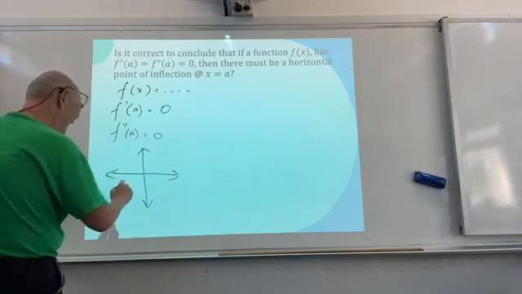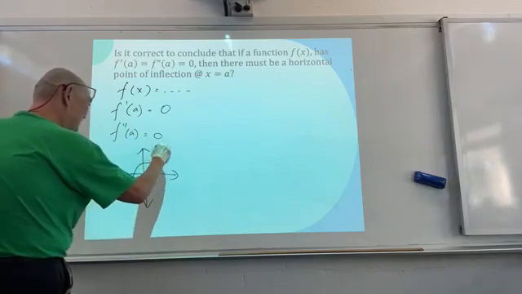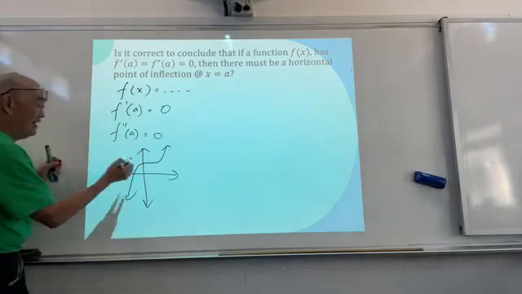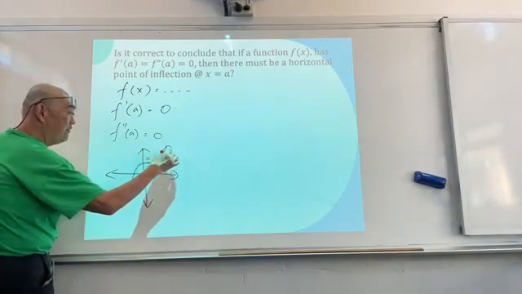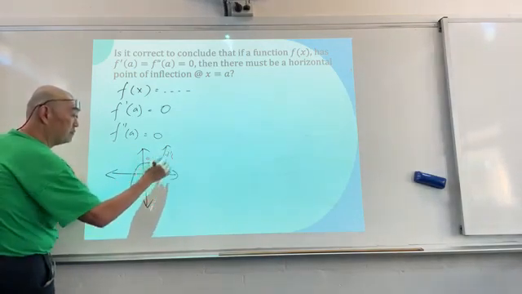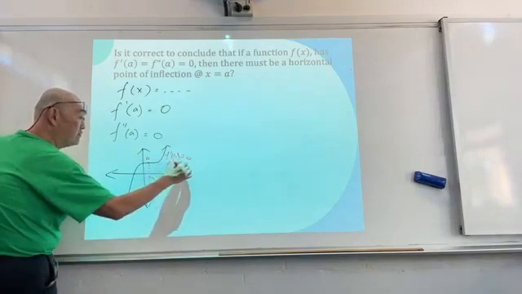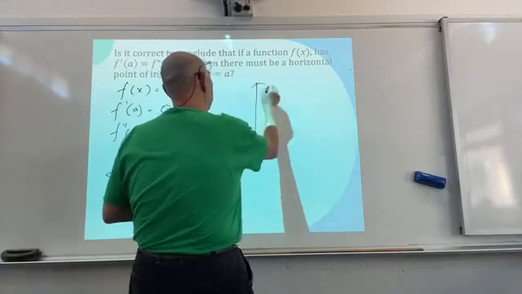Like you said, you could get a turning point, a sign test with the double derivative. If it's something like that, at this point here, if I draw it properly, it's a turning point. But f'(x) at a equals 0, and f'' at a equals 0 as well. Now, x squared, even powers, anything even.